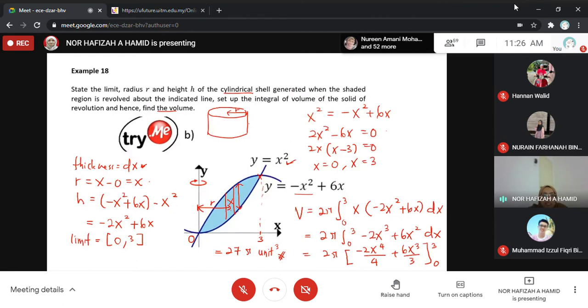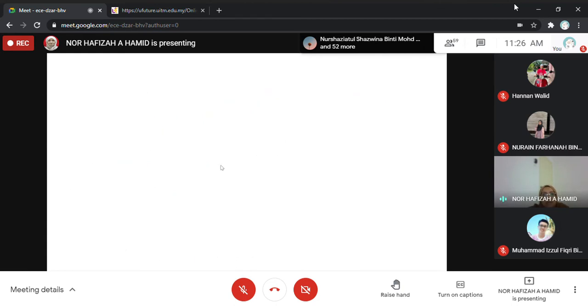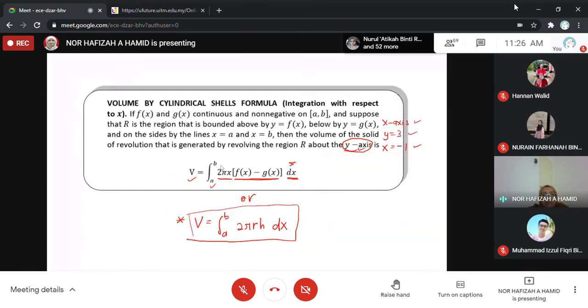So conclusion dia, for cylindrical shell method, when the axis of revolution is at the y-axis, you punya r dia is always x ya. Okay, so r dia is always x ni kalau dia revolve at the y-axis. Sebab tu formula dia dibagi tadi. Formula for revolve at the y-axis dia bagi in terms of x.